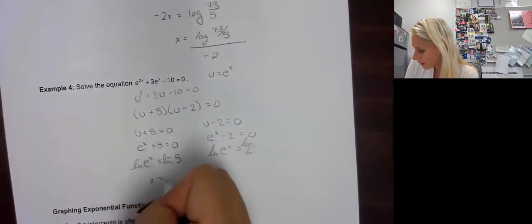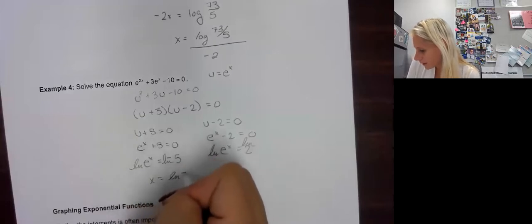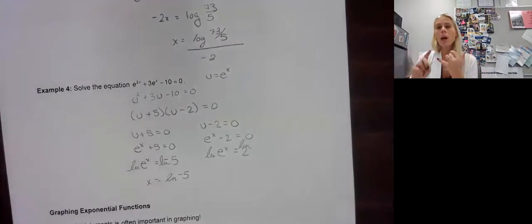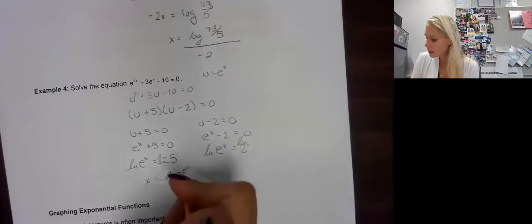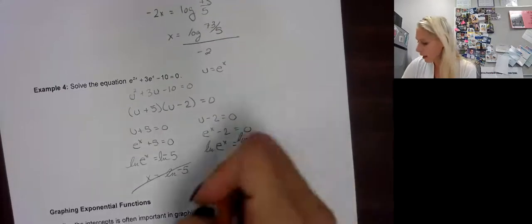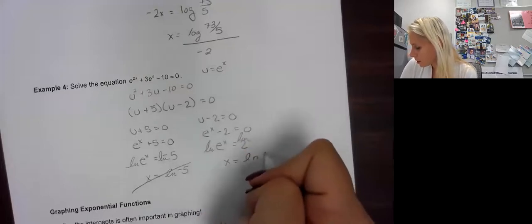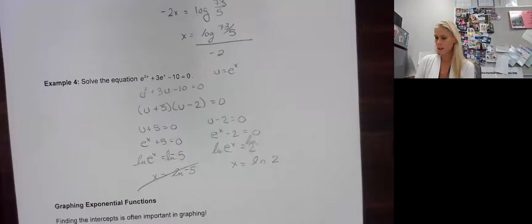We get x equals ln of negative 5. And I'm hoping right now you're thinking, no, no, no, it can't be negative. Remember, in ln's and logs, the argument can't be negative and it can't be 0. So we can cross that answer out. But on this one, we have x equals ln 2. And there is our answer.